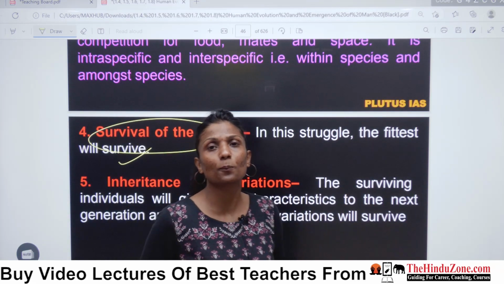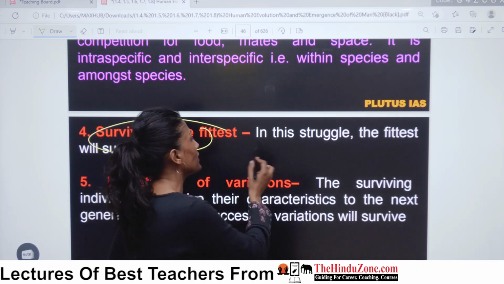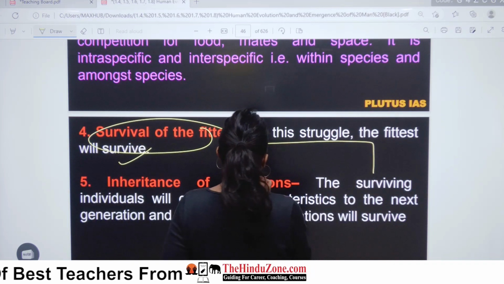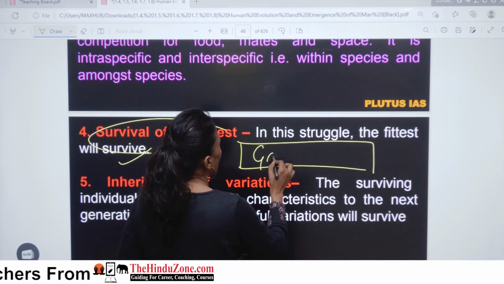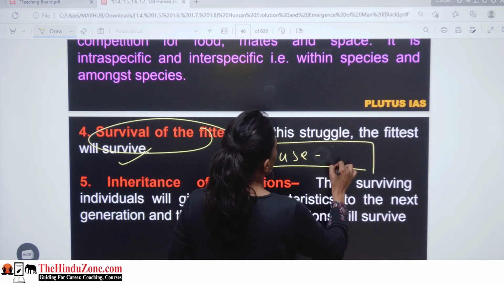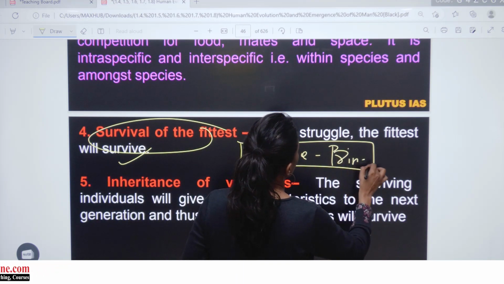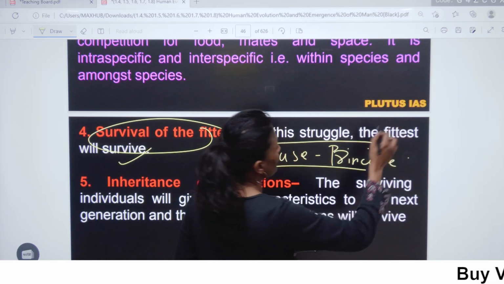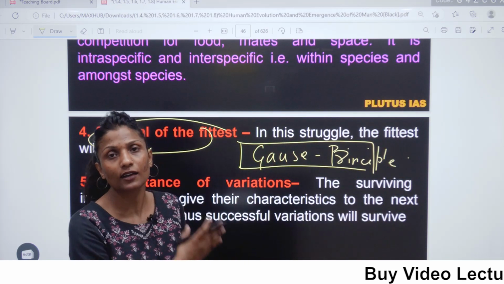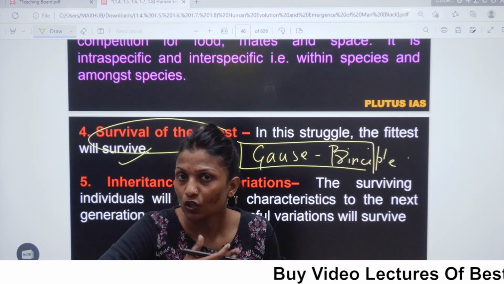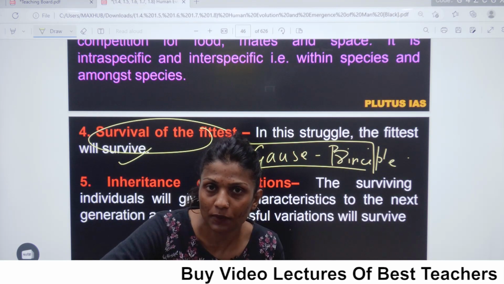This survival principle, you must also correlate with Gause's principle. And Gause's principle is there in your syllabus as well, in 1.4 only, and UPSC did ask a question on Gause's principle. So what is Gause's principle?